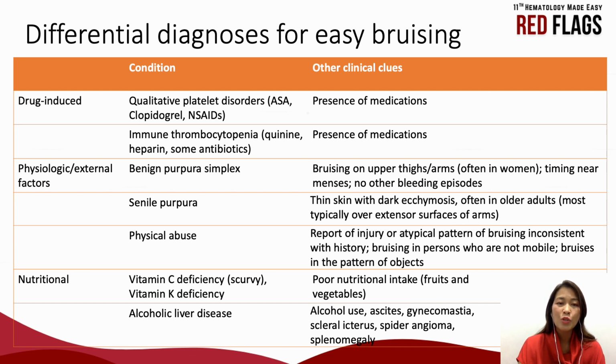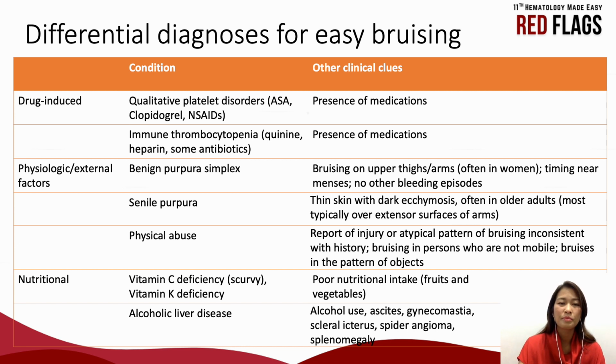We can simply determine the presence of these drugs from taking the medication history of the patient. Next are physiologic or external factors causing easy bruising. Benign purpura simplex is increased bruising, usually on the upper thighs and arms due to fragile blood vessels. It is usually seen among women, and the timing may be near menses and does not present with other bleeding episodes.